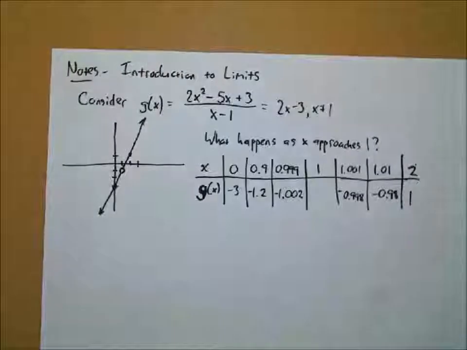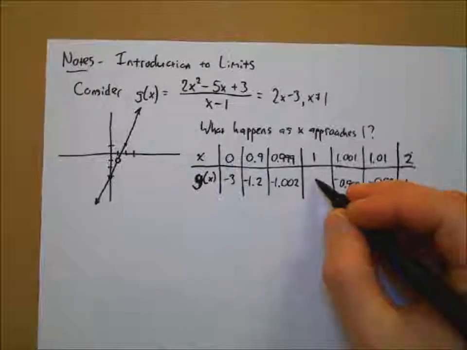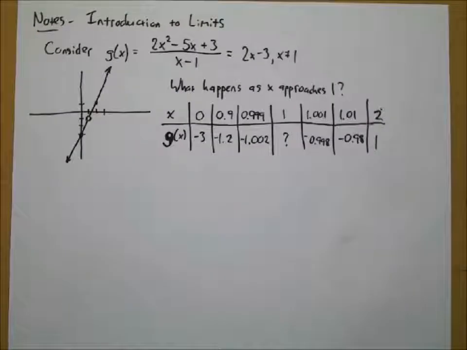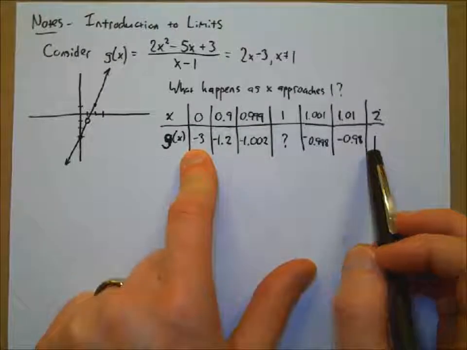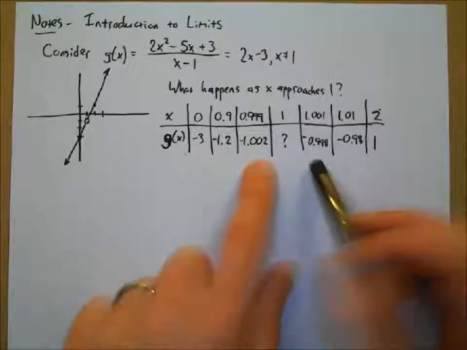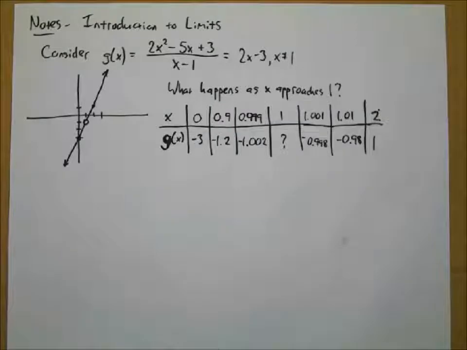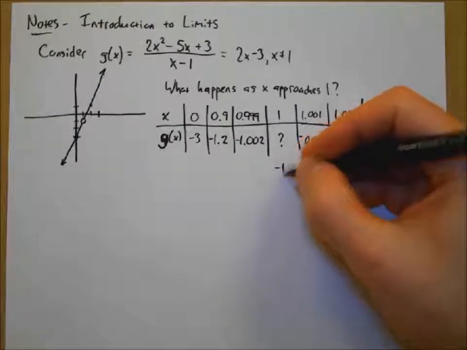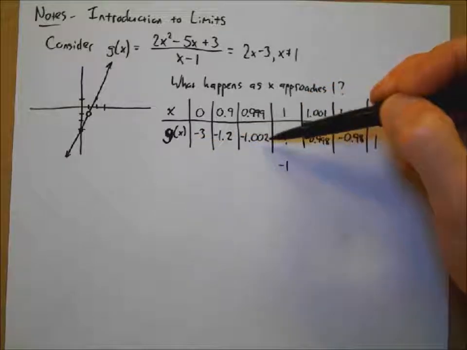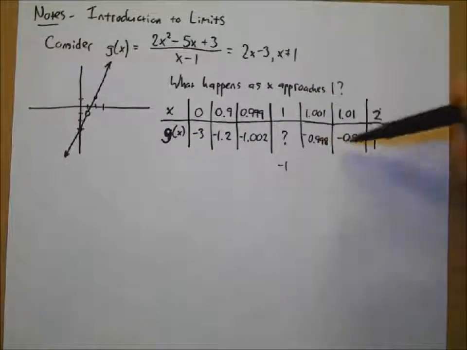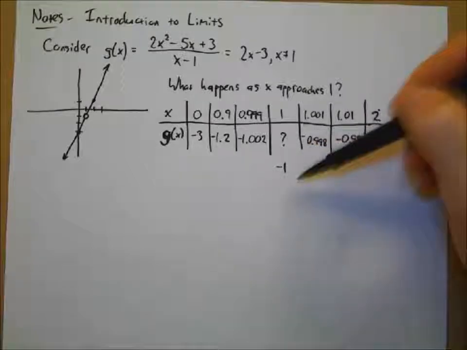Okay, and so the question is then, it certainly seems like as our x values approach 1 from the left and approach 1 from the right, our y values, our function values, also approach a value as well. And what is that value? It looks like it approaches negative 1 there. This is getting closer and closer to negative 1 from the left-hand side. This is getting closer and closer to negative 1 from the right-hand side. And so it looks like we're approaching negative 1.